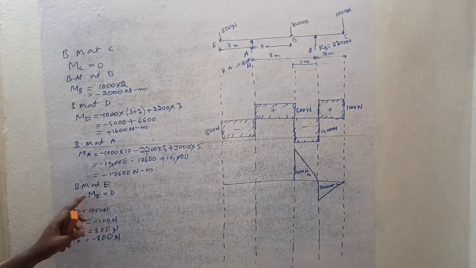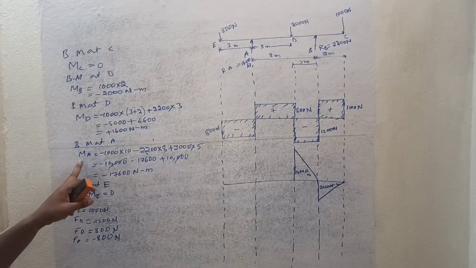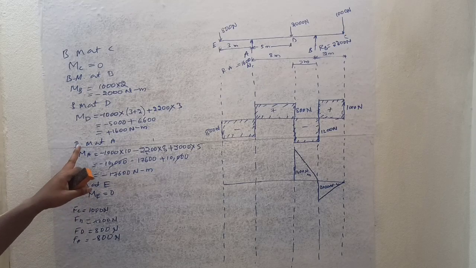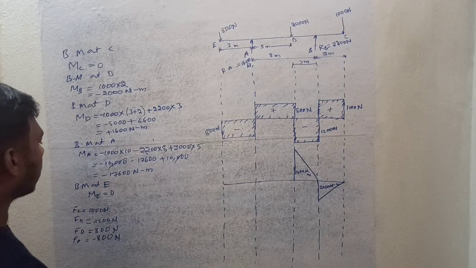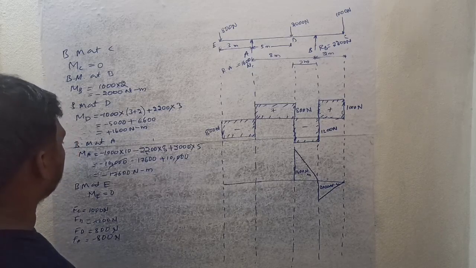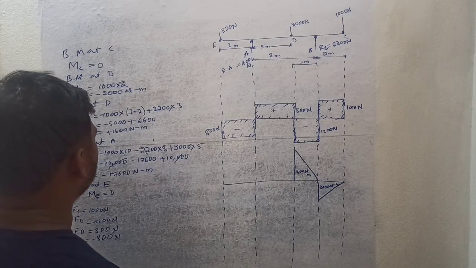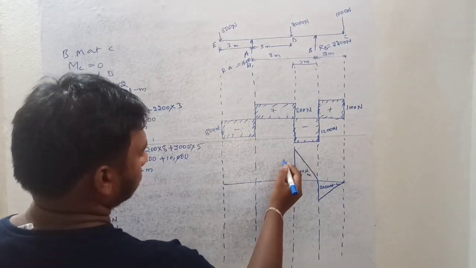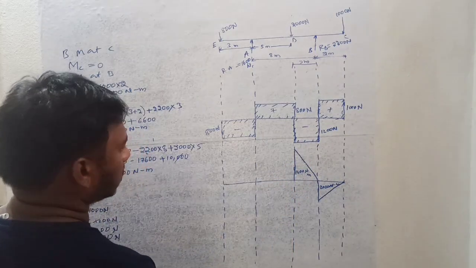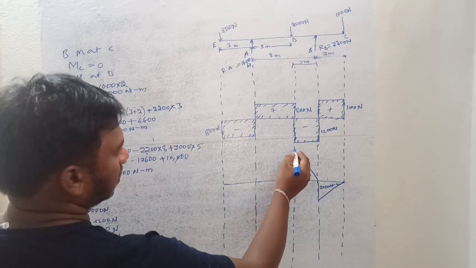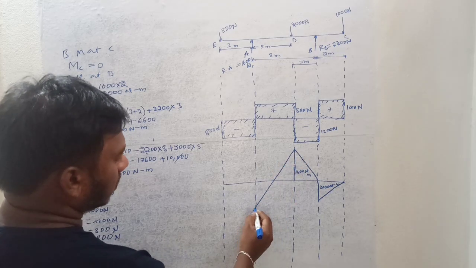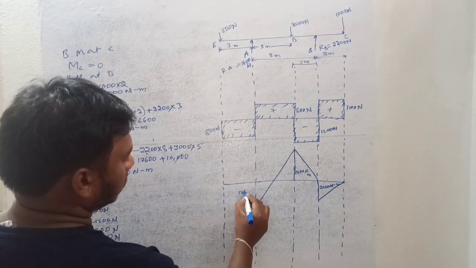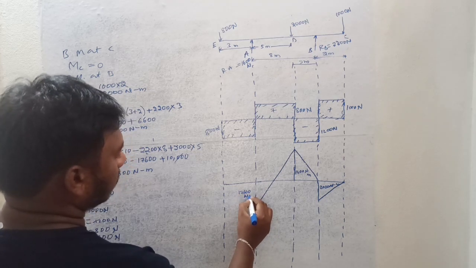And next one is bending moment at A. Bending moment at A, what we got? Minus 17,600 Newton meter.